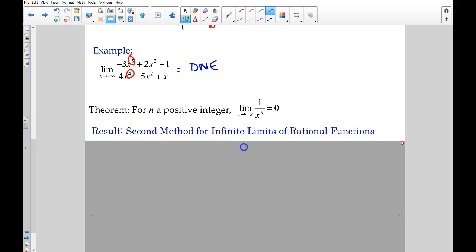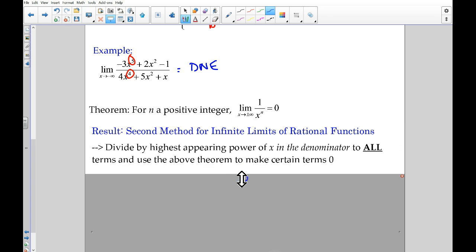So we get a second method: we want to divide by the highest power of x in the denominator, because if we divide by the highest power of x, it might actually be in the numerator, and then it would cause us to divide by 0. Then use the above theorem to make certain terms 0.